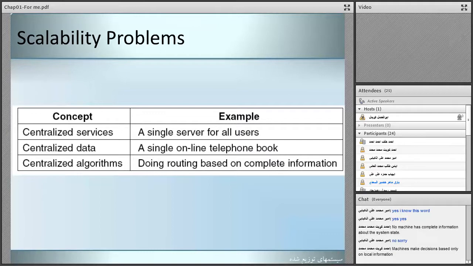So the problem is bottleneck. Bottleneck decreases the performance. So it is a problem for scalability. You know, scalability says that with an increase in the number of users, the performance is not decreased. But if we use centralized services, it would be a problem for scalability. Was it clear?